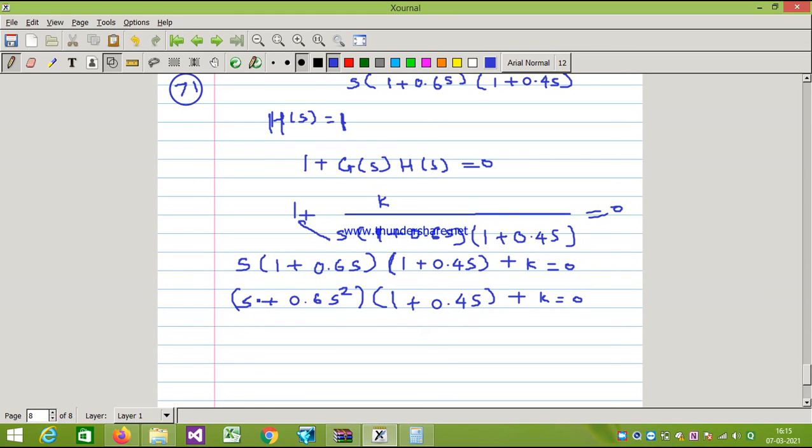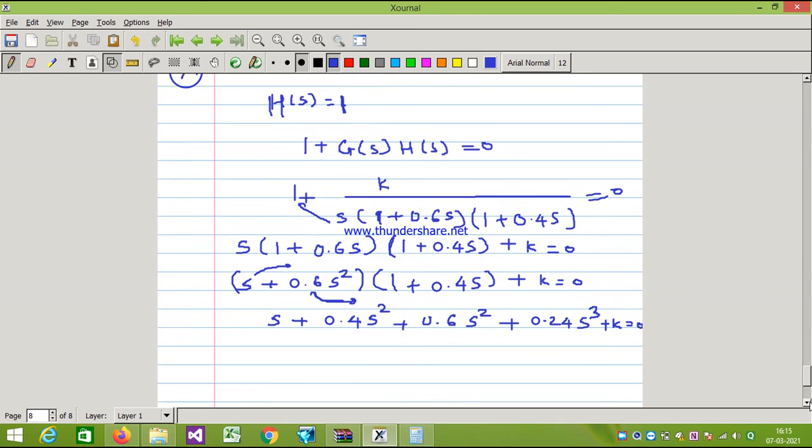Initially we multiply with the s, then multiply with this one. So 1 into s plus 0.4s square, plus again by 0.6s square plus 0.6 into 0.4, 0.24 s cube, plus K equal to 0.